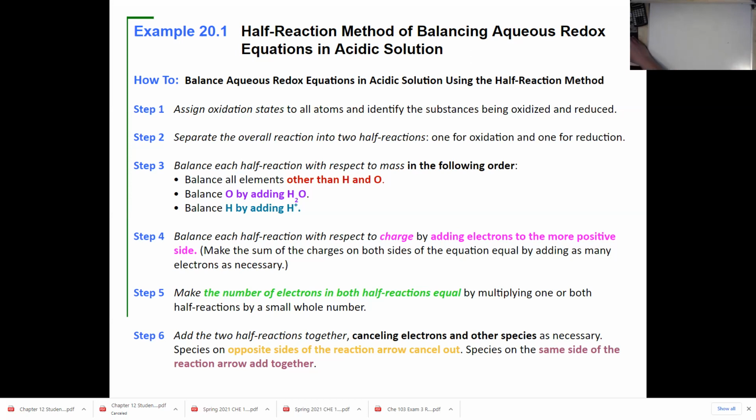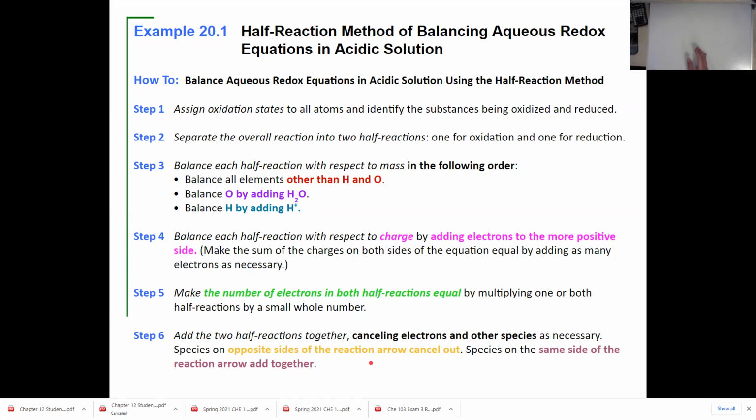That's important because when we get to step 6, we're going to add the 2 half reactions together. And this is going to let us cancel out the electrons as well as any other species that we're able to cancel out. To decide what can be canceled out, we're going to look at the reaction arrows. Species that are on opposite sides of the reaction arrow are going to cancel out.